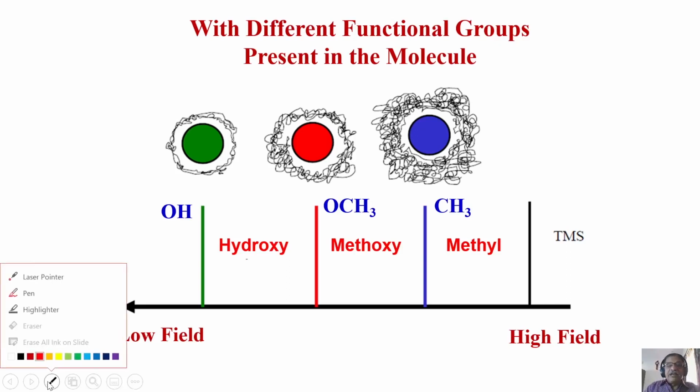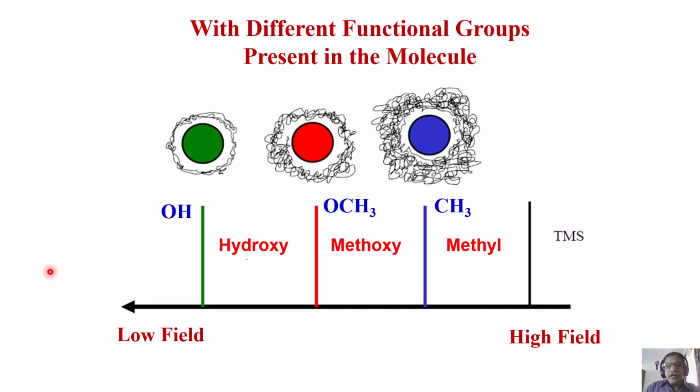With different functional groups present in the molecule, we also have different shielding. As a consequence, the peaks come at different fields, resonate at different fields. Look at this CH3, which we discussed, which comes here. Now, instead of CH2, I will take an OCH3 group, a methoxy group.